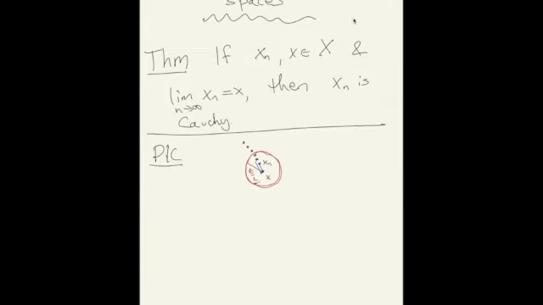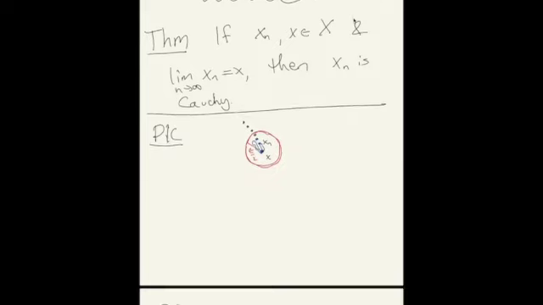And here I've chosen epsilon over 2, anticipating some facts from the proof. But because these points get very close to x, they also have to get very close to each other. Namely, the distance can be bounded by going via x. And this indicates a big part of the proof.